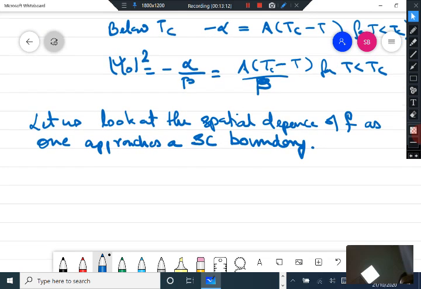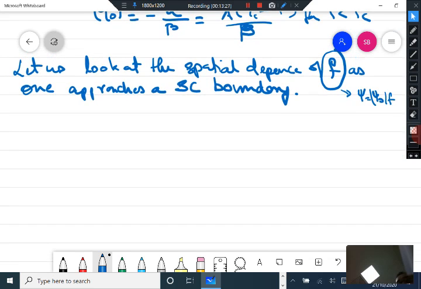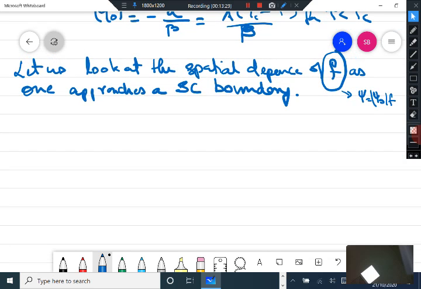Okay, so we will try and look at the spatial dependence of this function f. Recall psi is equal to psi naught into f, where f contains all the spatial dependence of the wave function psi, of the order parameter psi.